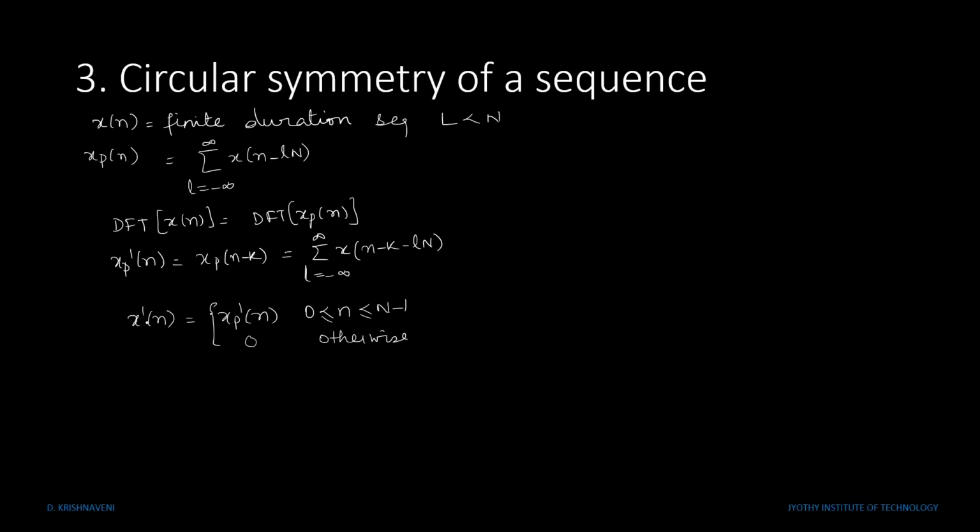What does this mean? x dash of n is a finite duration sequence because it contains only N samples, and it will be related to our original sequence x of n by circular shift.